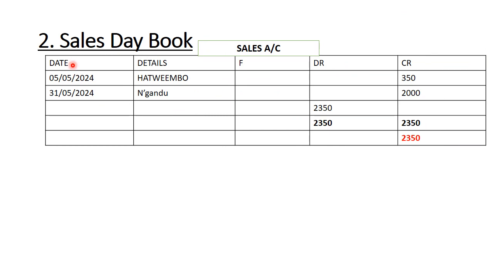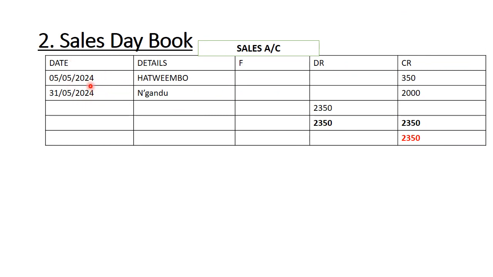So in the ledger, we have to complete the double entry system in the sales account and in the debtors account. The debtors are the people we have sold things to on credit. So we start our sales account. Our sales account is going to have the date as usual.